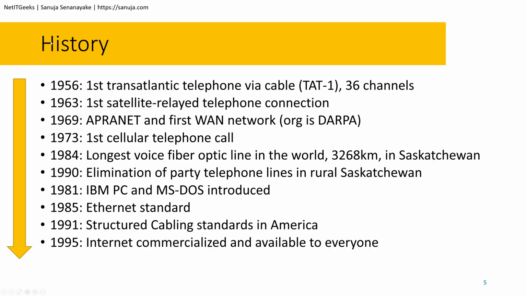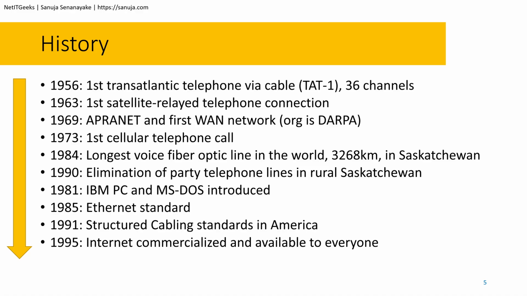Even though the cell phone is not built on top of the existing structured cabling standard, it actually helped build many structured cabling standards as well, because the towers have to go somewhere, and cell communication still needs telecommunication exchange infrastructure that requires physical cabling. So the growth of the cell phone industry did contribute a lot to modern day structured cabling.